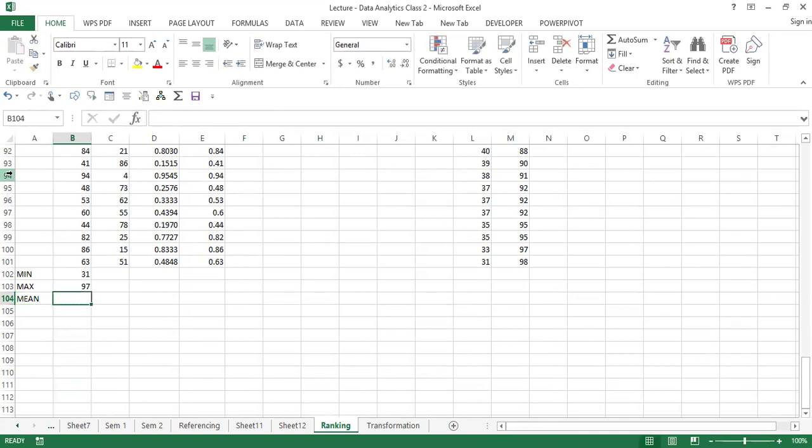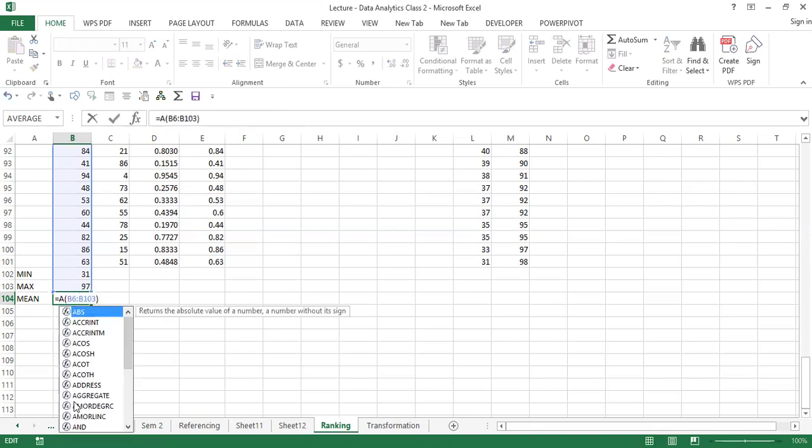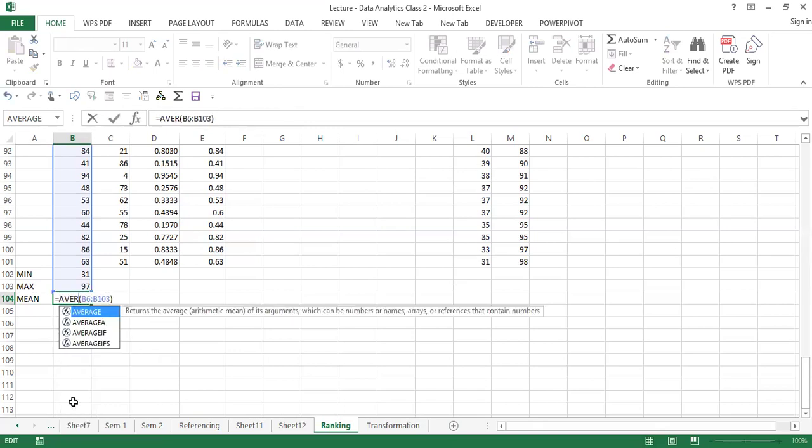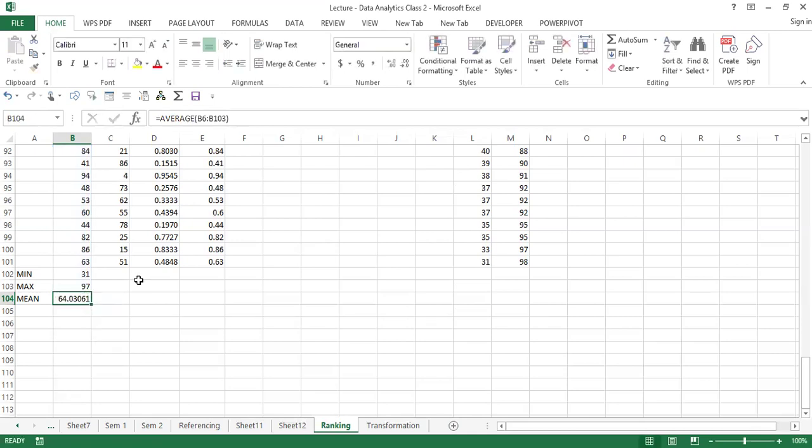How do we get the mean? Let's do a quick process here. I can just edit this one and then change this to average. Okay, so that's the mean, right?